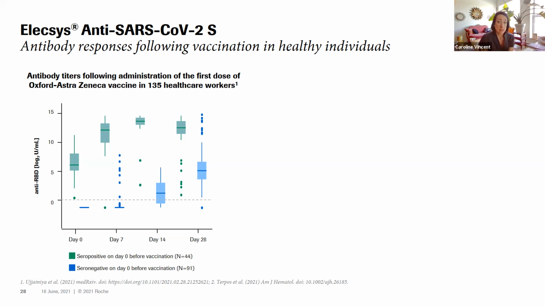We can also see that the median antibody response at 28 days in the seronegative group was similar to that of seropositive subjects at baseline and was on a rising trajectory. In the seropositive group, the antibody levels were 200 to 500-fold higher than that of the seronegative group.